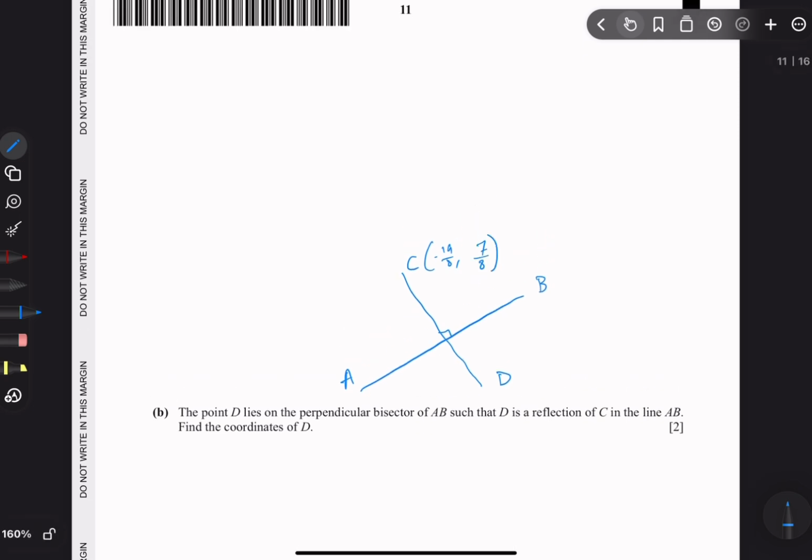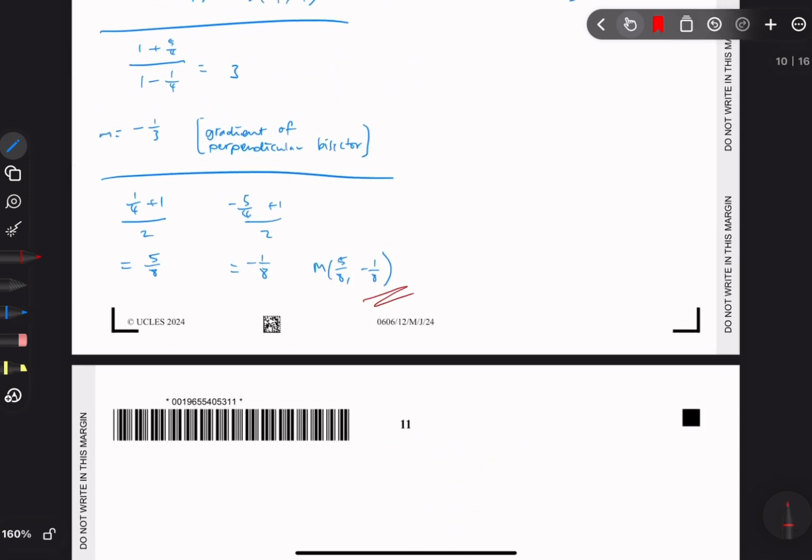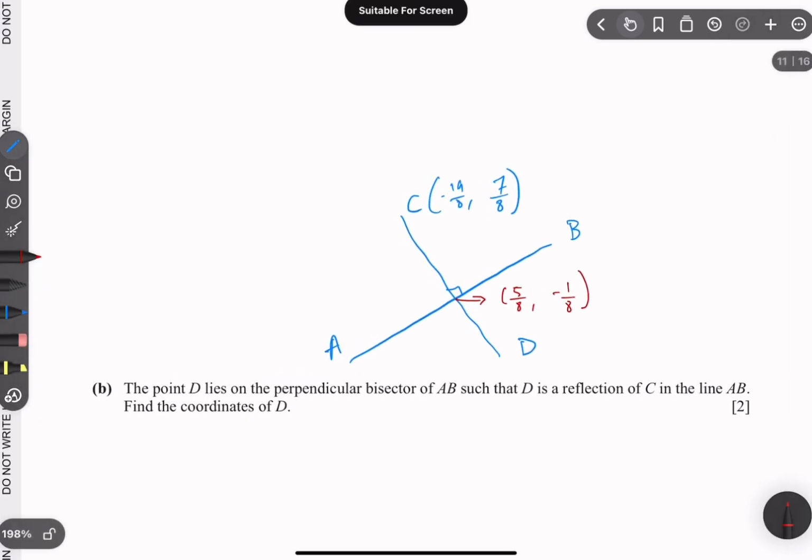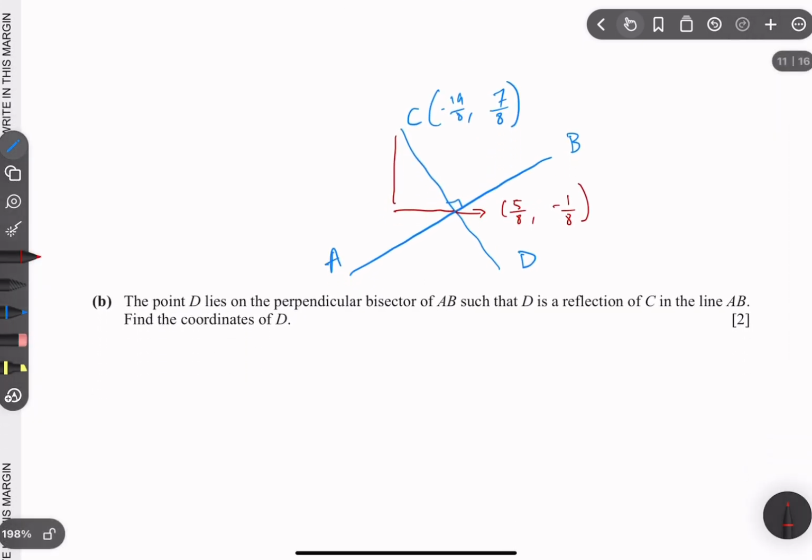And we also need the midpoint of AB, which is here. And this should be the midpoint. And we need to work out how far C is from the midpoint.